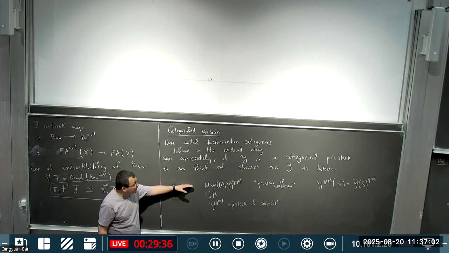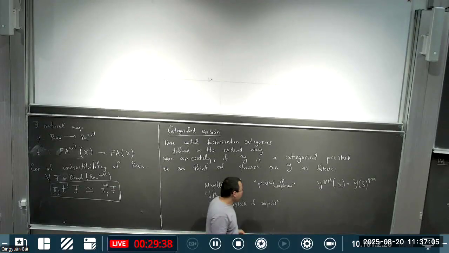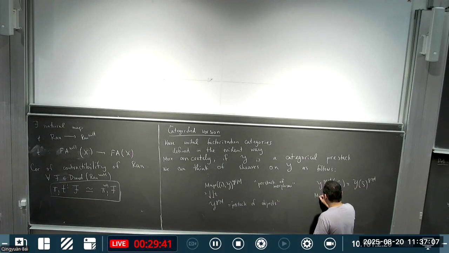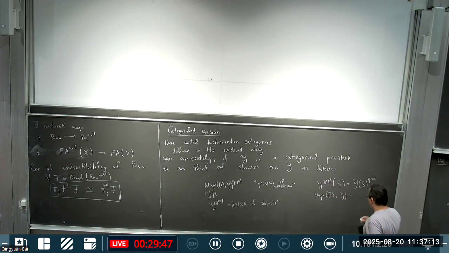So explicitly, what is an S point of this? The notation maybe is a little bit funny, but this is the same thing as two points in Y of S and a map between them.